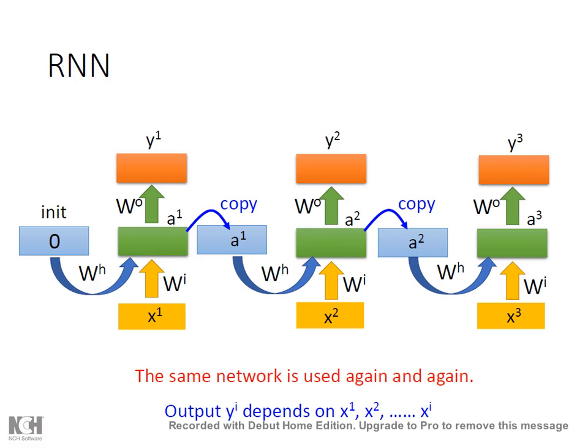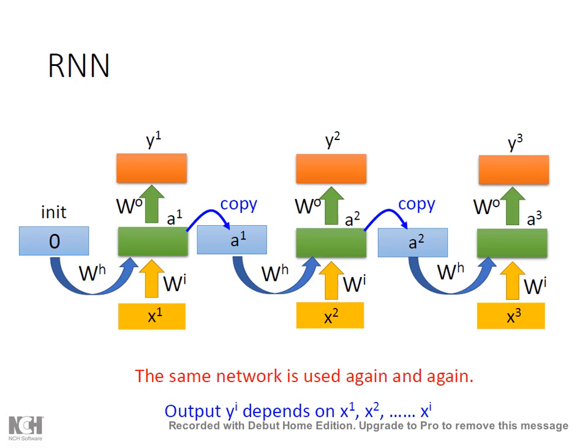That's why we use the same network again and again, and your output Y3 actually depends on your previous results. It depends on S1, S2, S3, and also A1, A2, which come from previous results.